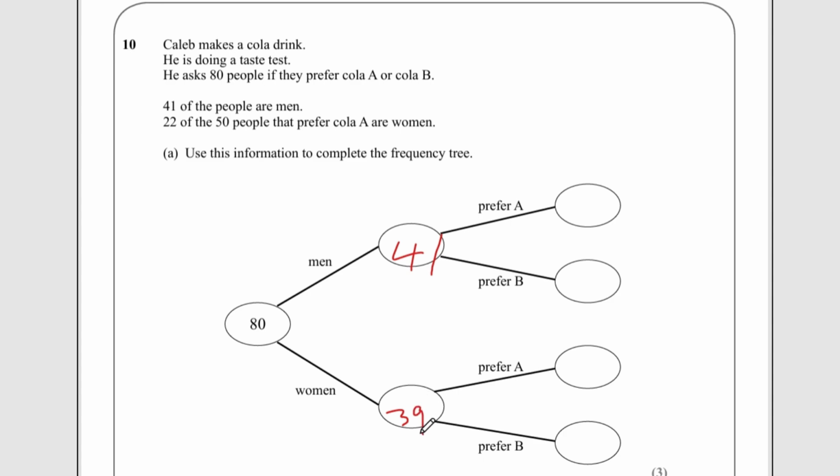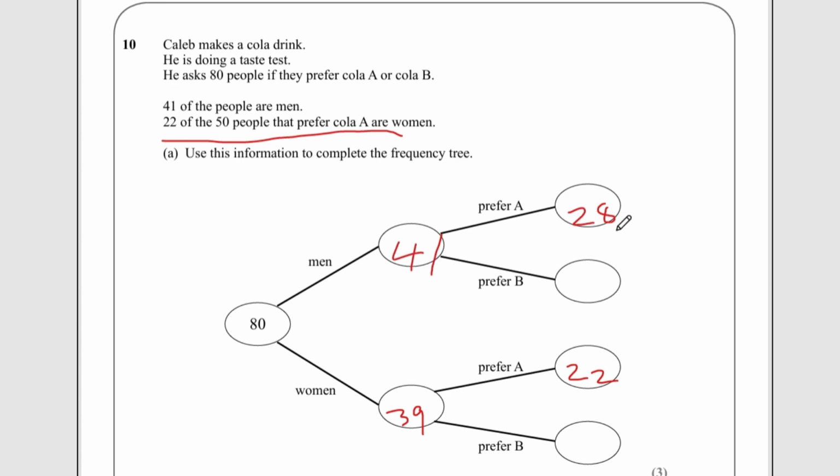So 39 are women. And then the next thing they said, 22 of the 50 that prefer cola A are women. So if 22 out of 50 are women, that means men are 50 minus 22 that prefer A. That's 28.